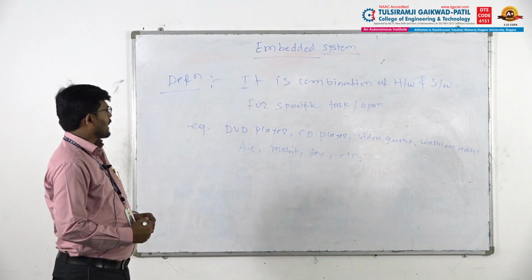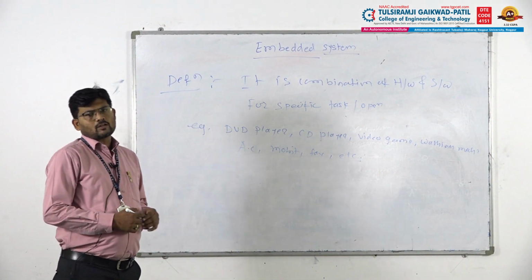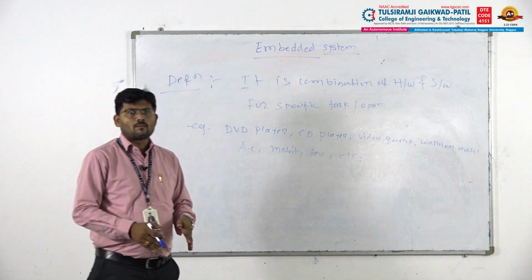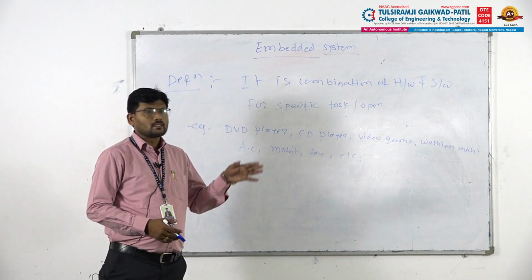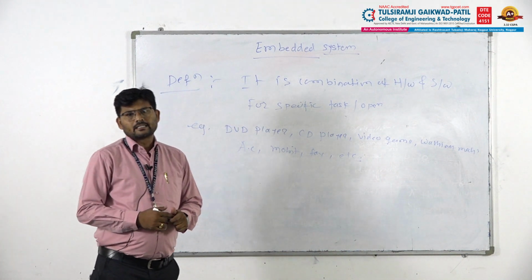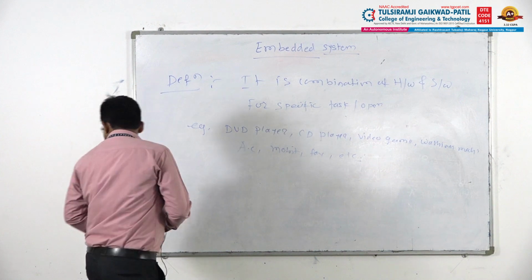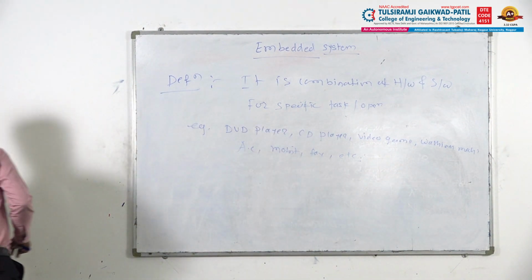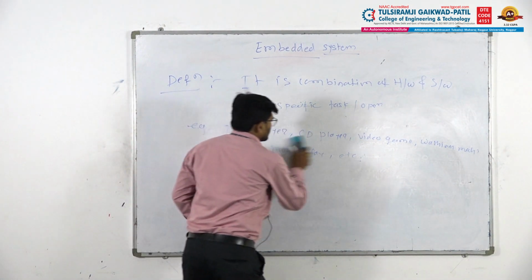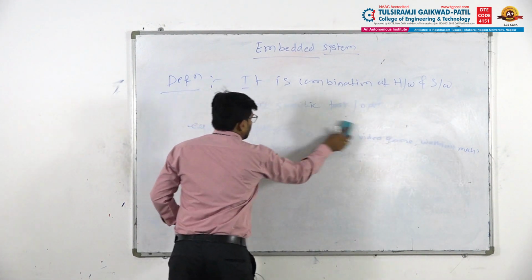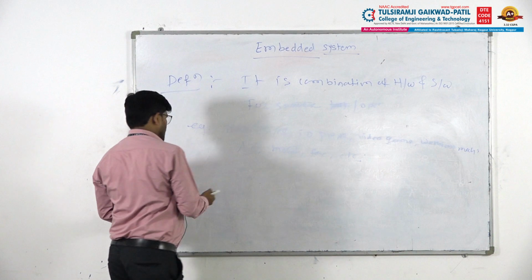The next thing is the layer architecture of the embedded system, because whatever operation or task is performed is performed according to that layer architecture. So next we will discuss what exactly the layer architecture of an embedded system is. In that layer architecture there are 3 layers.